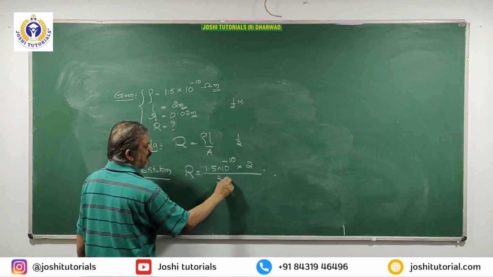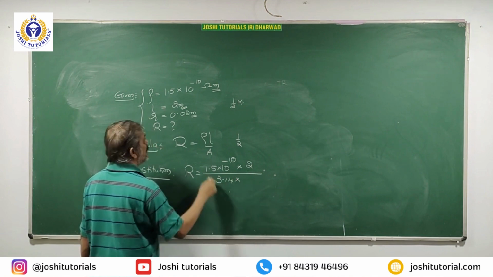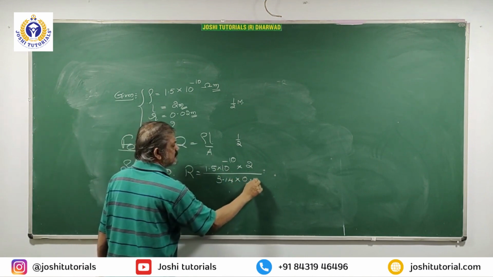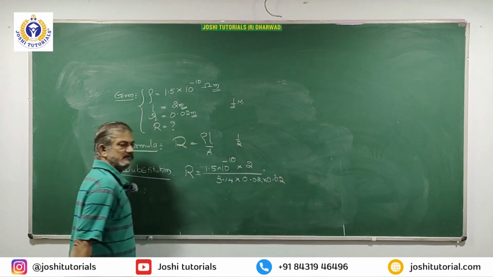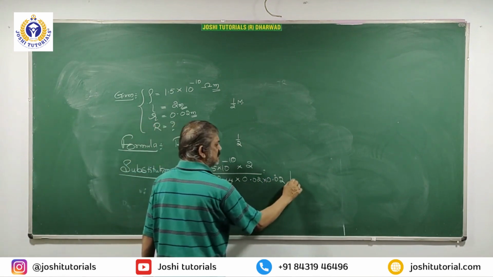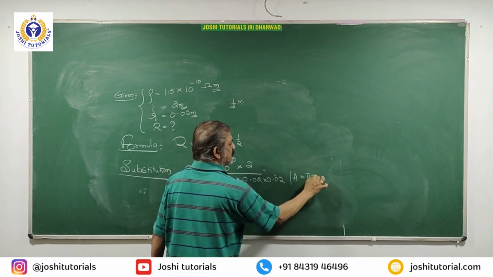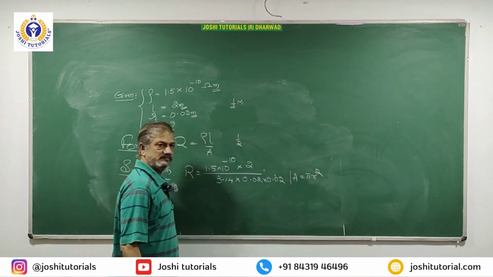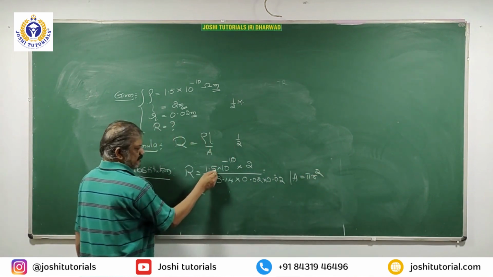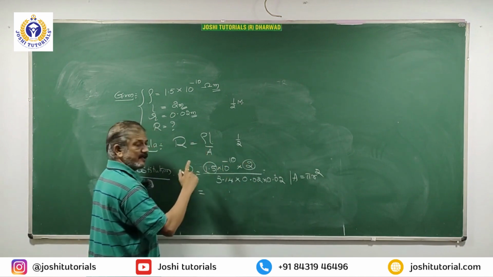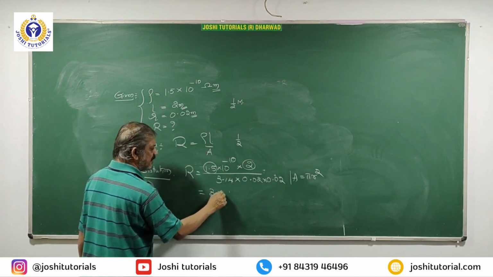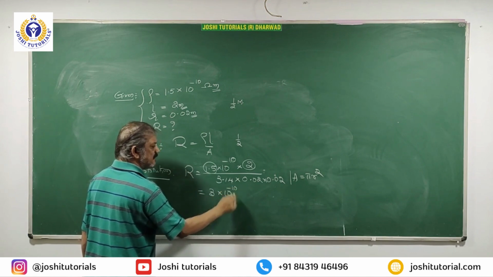It is pi r square, that is 0.02 squared. Area is pi r square; we have to write that. Simple mathematics: 1.5 into 2, 15 twos are 30. 1.5 means 3 into 10 raised to minus 10.